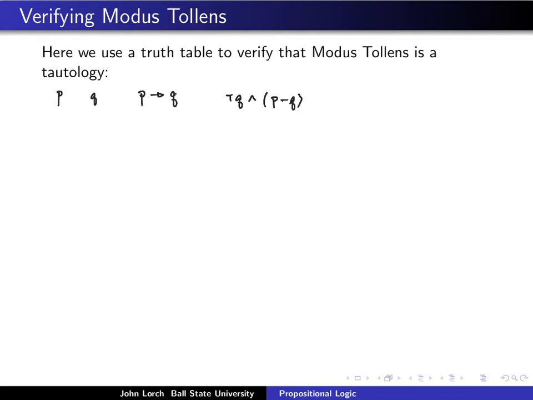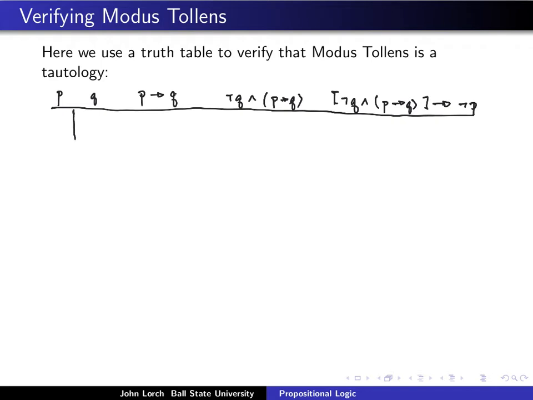And then finally, we have not Q and if P then Q implies not P. Okay, so this last statement right here, the long one, not Q and if P then Q implies not P. That is the substance of modus tollens.